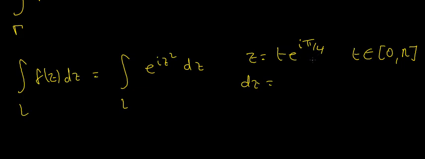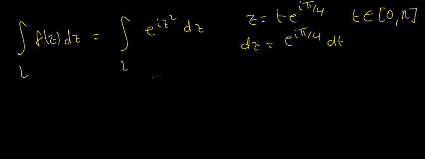Well, e to the I pi over 4 is just a constant, so this is going to be e to the I pi over 4 dt, which is helpful. And this integral is going to become what? It's going to be equal to the integral from r to 0 of e to the I z squared, and that's going to be e to the power I t squared, e to the I pi over 4 squared, and what's that going to be?